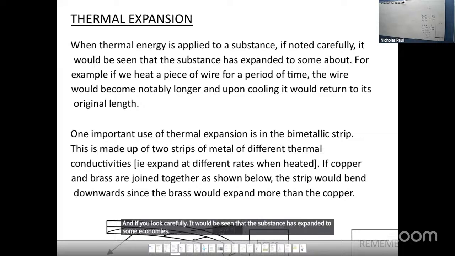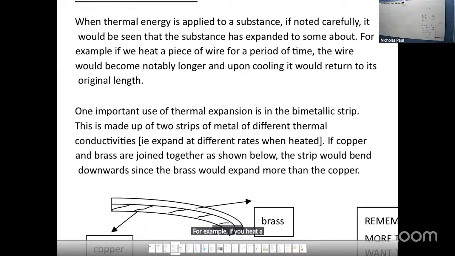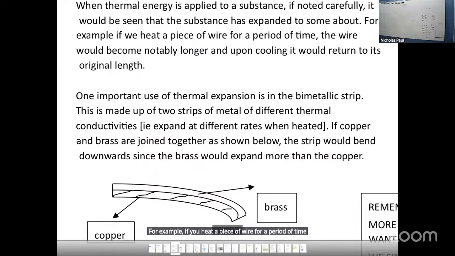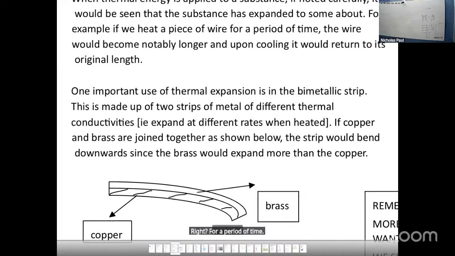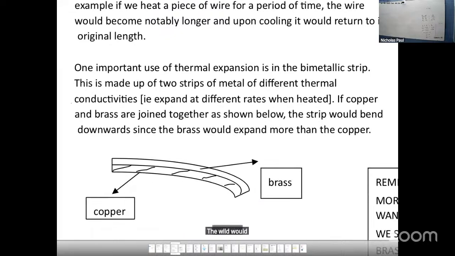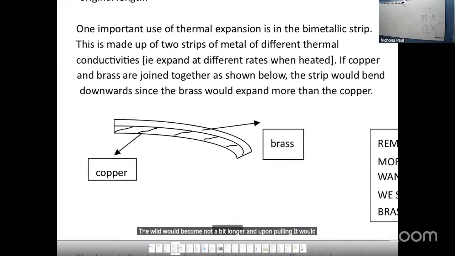For example, if we heat a piece of wire for a period of time, you have to write this in the note, right? If we heat a piece of wire for a period of time, the wire would become notably longer, and upon cooling, it would return to its original length.